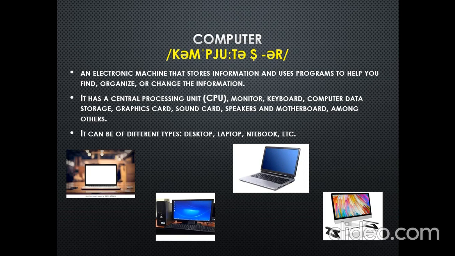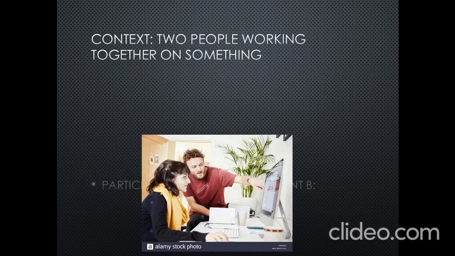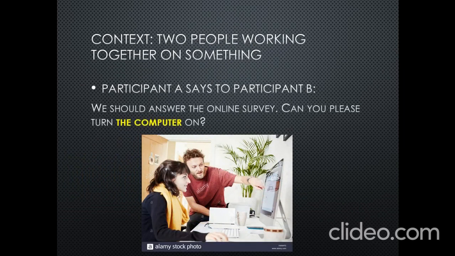So this is a word, just an isolated word, like when you find it in the entry of the dictionary. Okay, this is a computer. But let's see what happens when the word computer is actually put into use in discourse. So we have a context, we have two people working together on something, right?